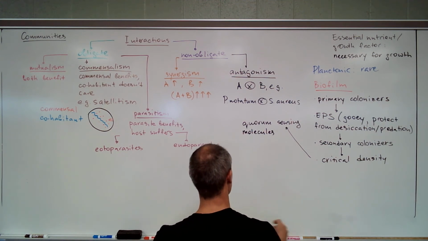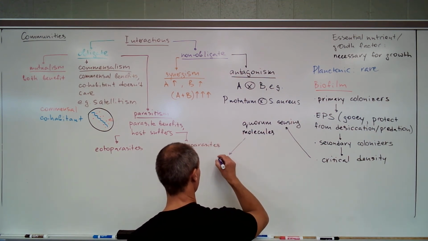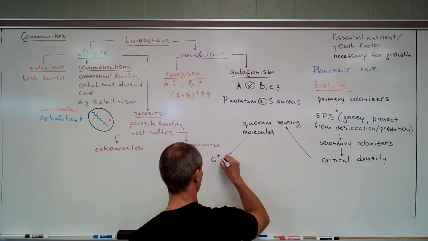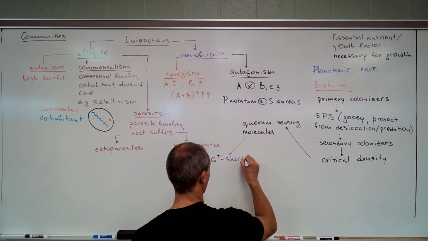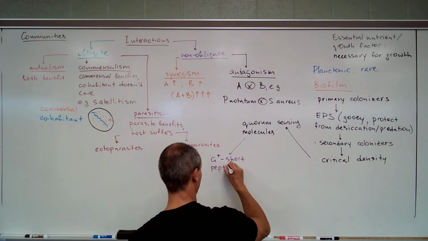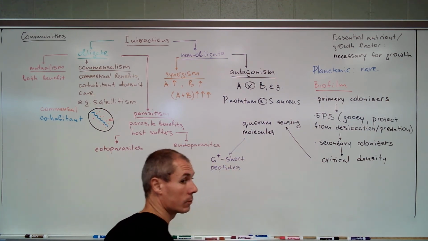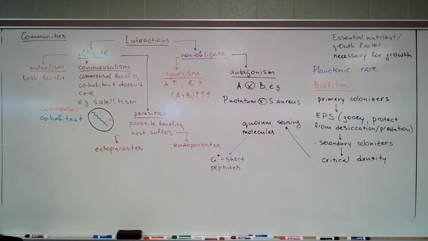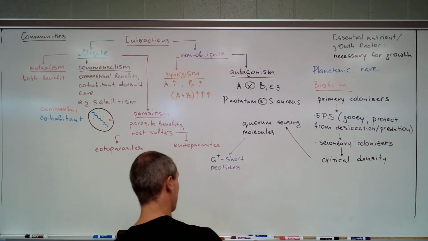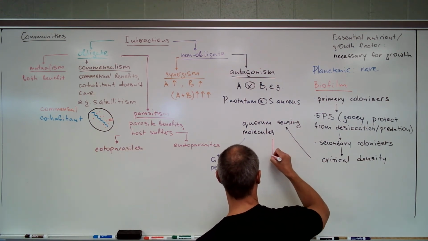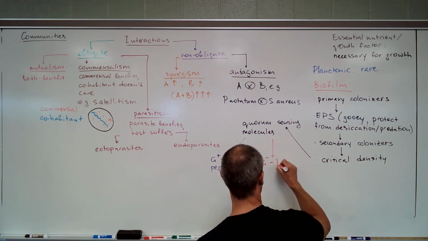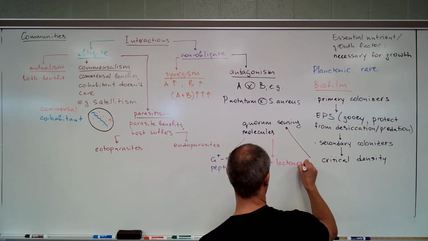Gram-positive microorganisms produce short peptides mostly. Okay. Does that make sense? And gram-negative microorganisms produce various lactones.